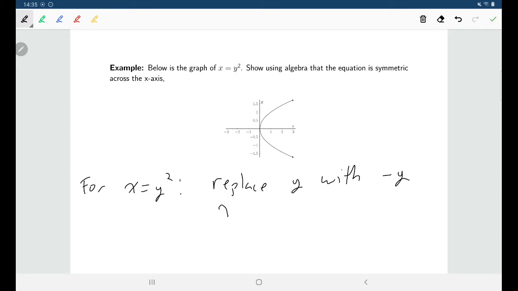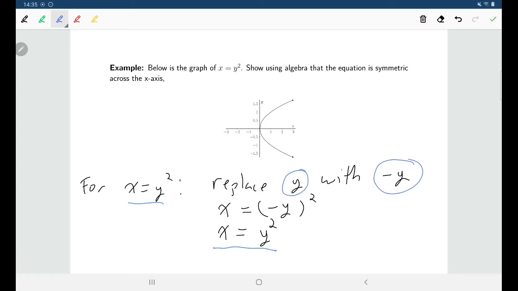So I would have x equals negative y all squared. If I look at that negative y and square it, that's the same thing as y squared, because negative y times negative y is positive y squared. This is exactly the same as the original equation, which means that if we have an xy point, we would also have an x negative y point. In other words, this is symmetric across the x-axis.